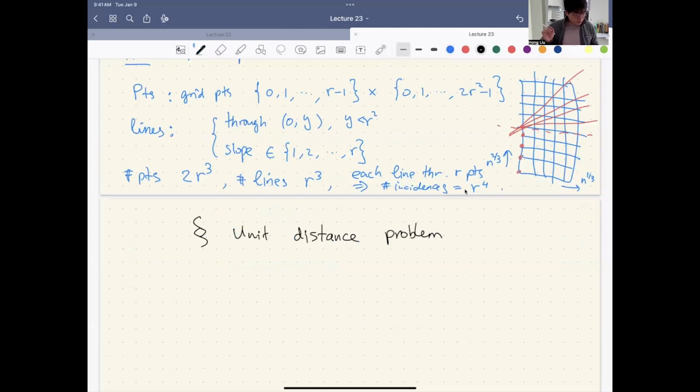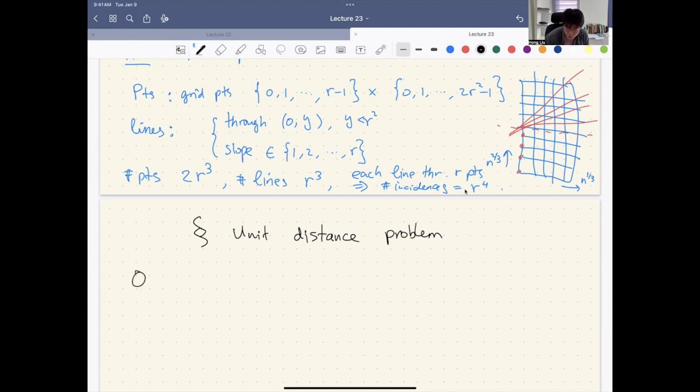The unit distance problem is another geometric problem, saying that if we have a set of n points in the plane, then how many pairs of points can be of distance 1 apart? This question was raised in the 1940s by Erdős.